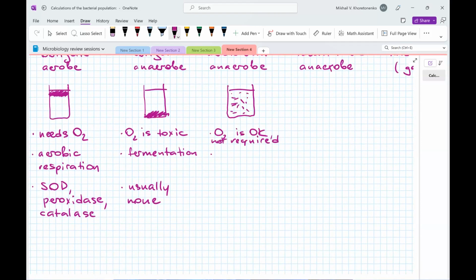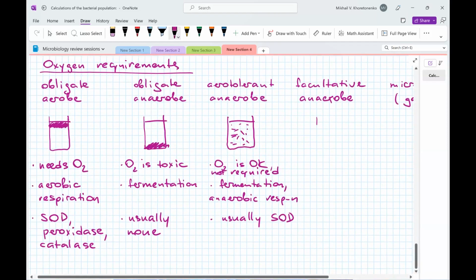Metabolism, fermentation or anaerobic respiration. Usually superoxide dismutase.